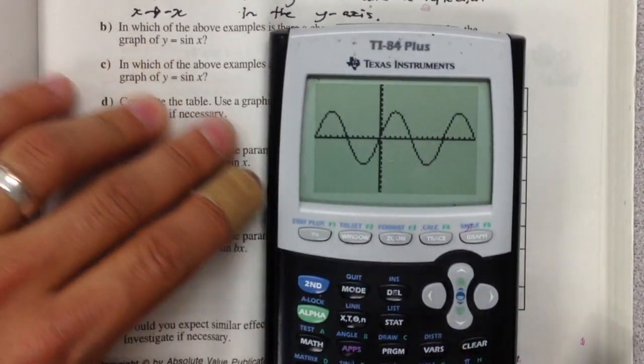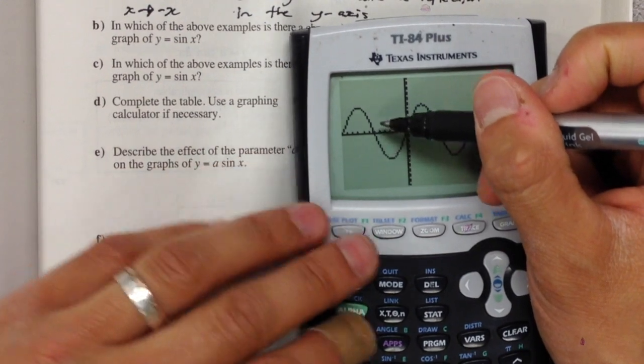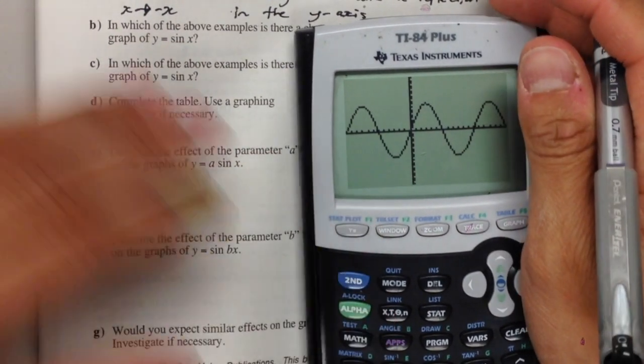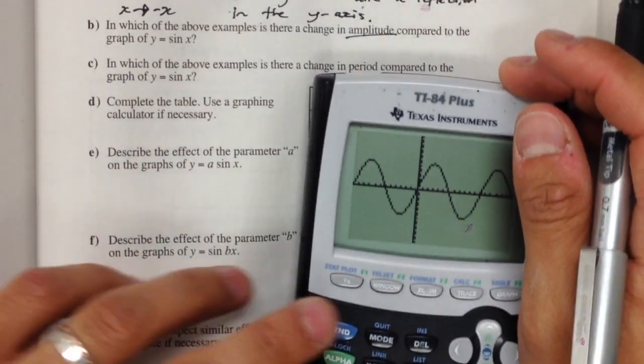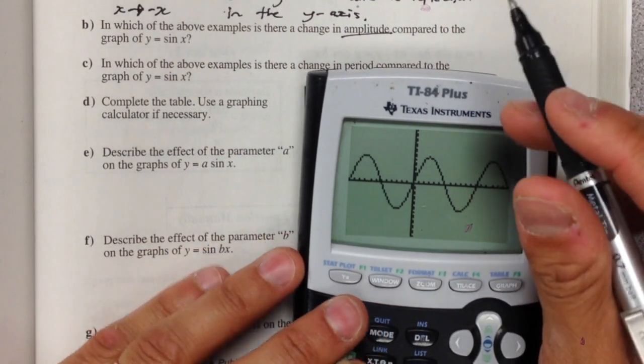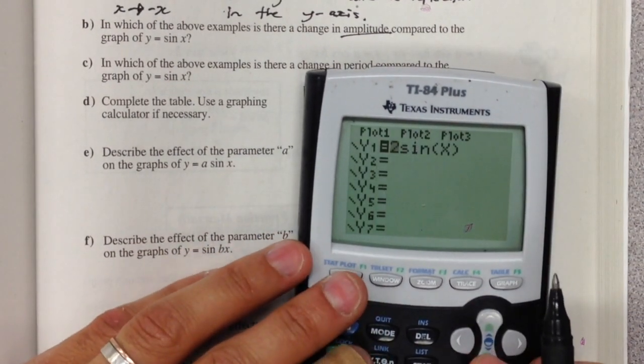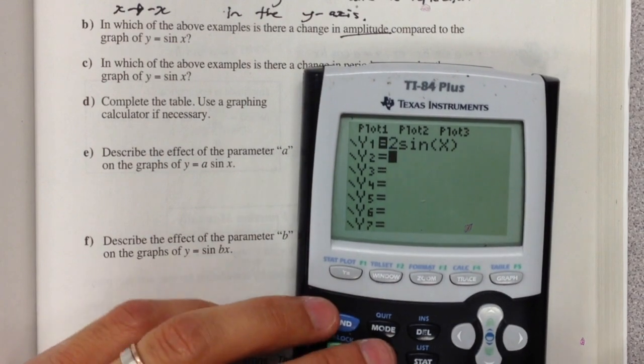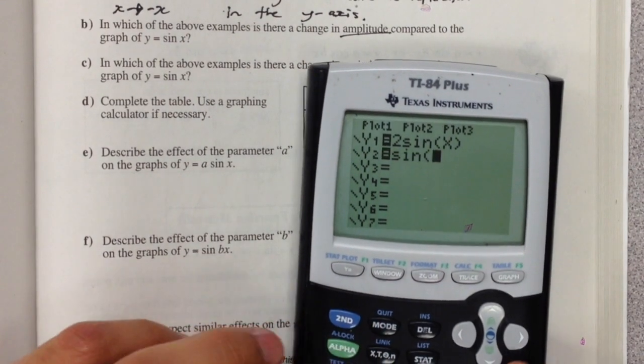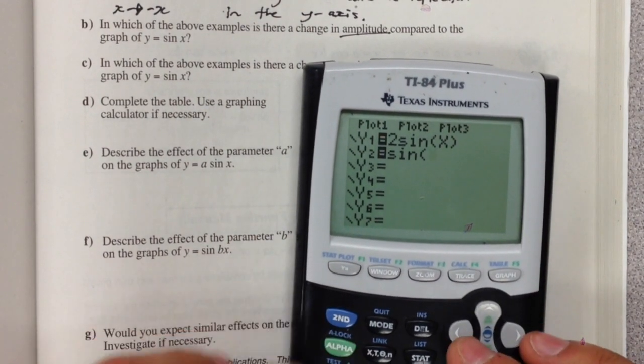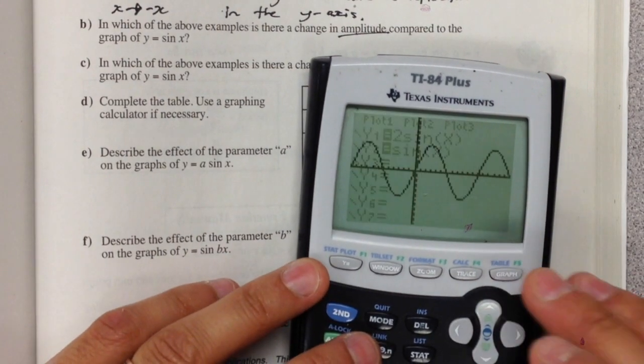Alright, so if I'm looking at my amplitude here, I want to compare these different graphs to see where I had a change in the amplitude compared to y equals sine x. That was my graph there, and now I have sine x, graph that.